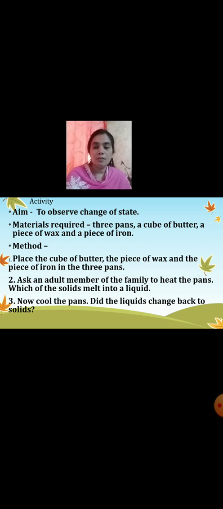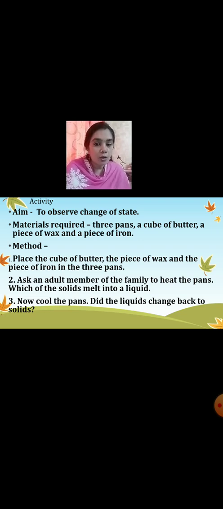Yes. So again, to observe the change of state. Now, this activity is also shown in the part 3 video. So here the solid, that is, we had taken the wax, a piece of butter, and iron.